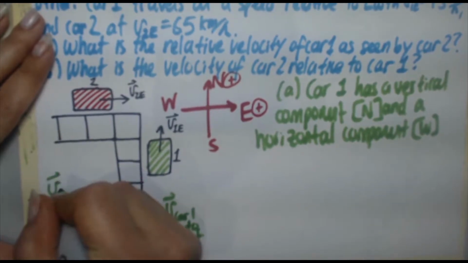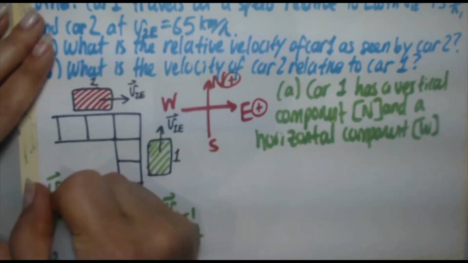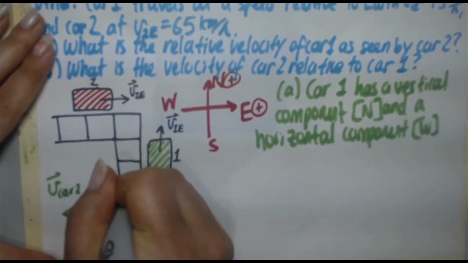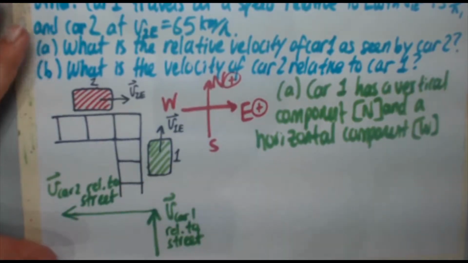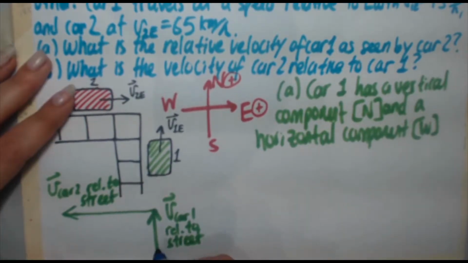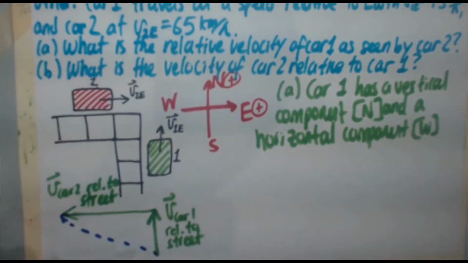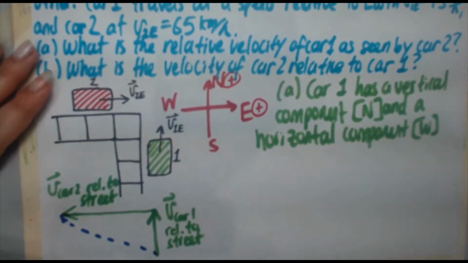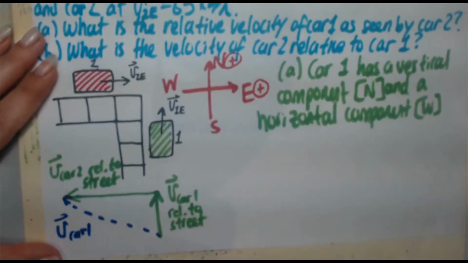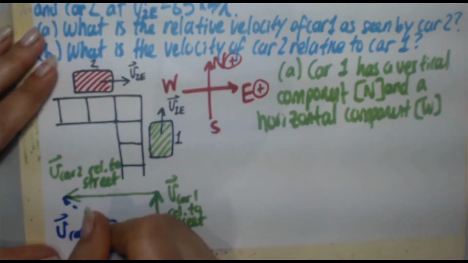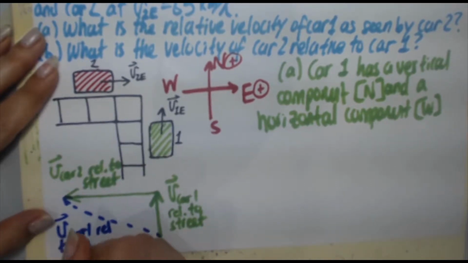That's going to be v car 2 relative to street. And then finally, if these are the two motions, then the sum of those two, you just add your vectors from the tail of the first vector to the tip of the second, and we're going to have the velocity of car 1 relative to car 2.